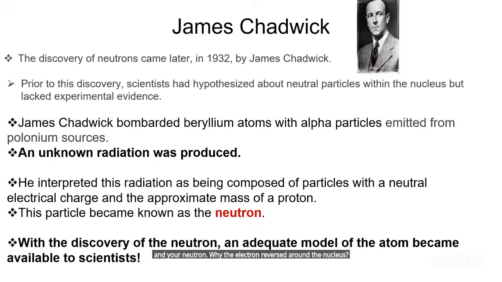With the discovery of the neutron, we now have an adequate model of the atom. And so you have your atomic structure being made up of the subparticles, which are your electrons, your protons, and your neutrons.